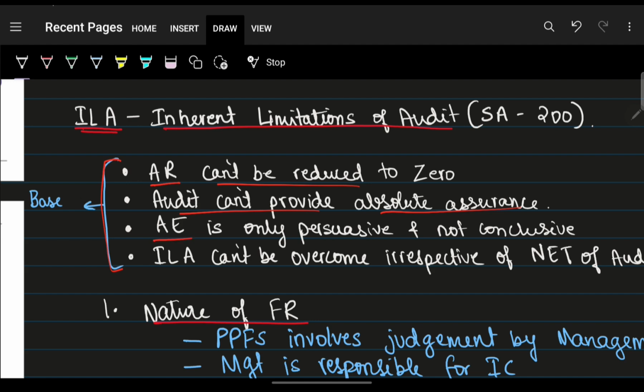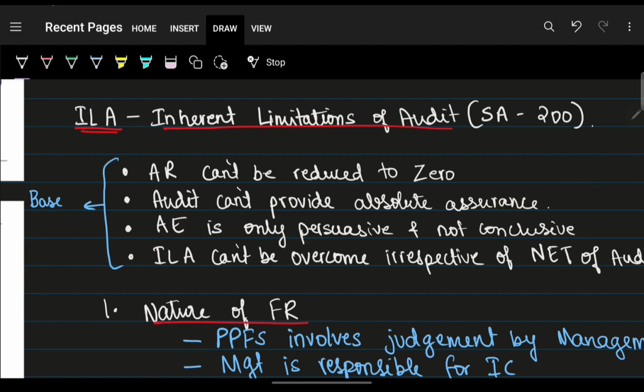Audit evidence is only persuasive. Here, don't confuse it with the pervasive that we learned. That is pervasive. This is persuasive. Persuasive means influencing or persuading, right? So don't confuse it with pervasive. Pervasive is different. Persuasive is different.